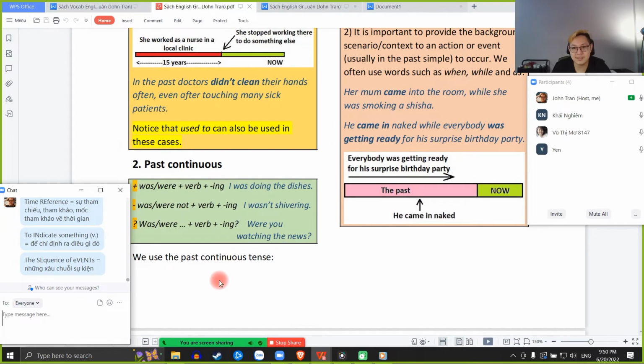Rồi nào, past continuous. Number 2, past continuous. Positive sentence: was, were, plus verb, plus ing. I was doing the dishes. Negative sentence: was, were, not, plus verb, plus ing.